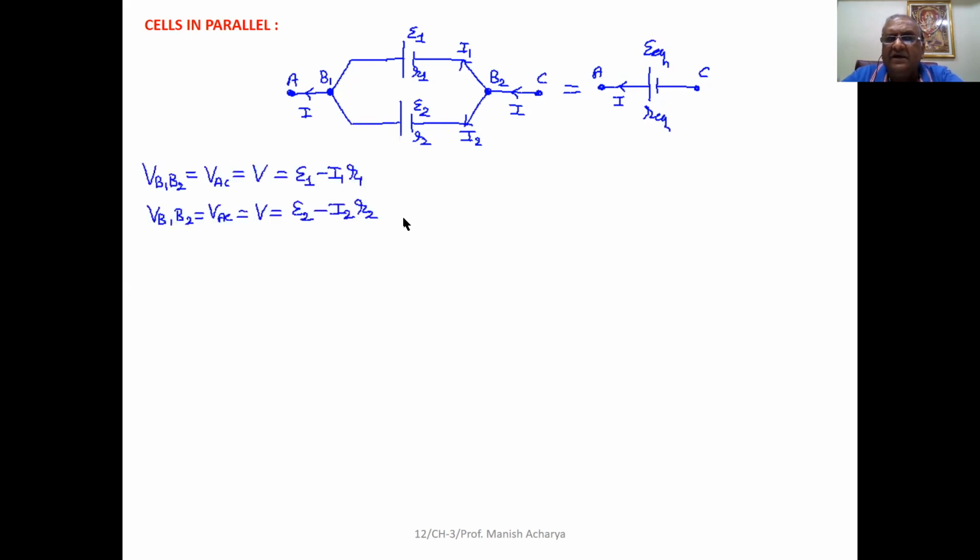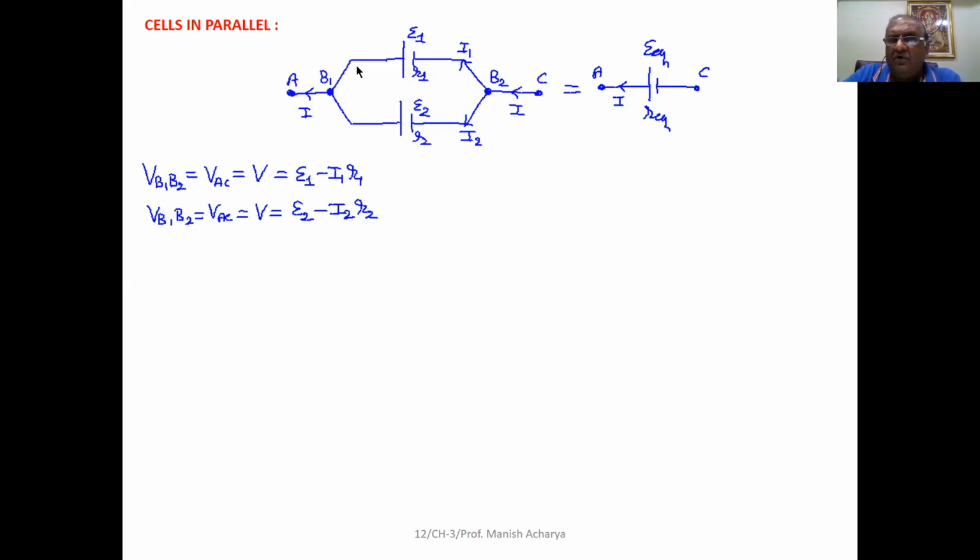Then the potential difference between B1 and B2, VB1B2, is the same as across A and C, because between A and B1 as well as between B2 and C, there is no other component. So whatever is the potential difference between B1 and B2, the same is there between A and C. So we can write VB1B2 equal to VAC, and say it is V.